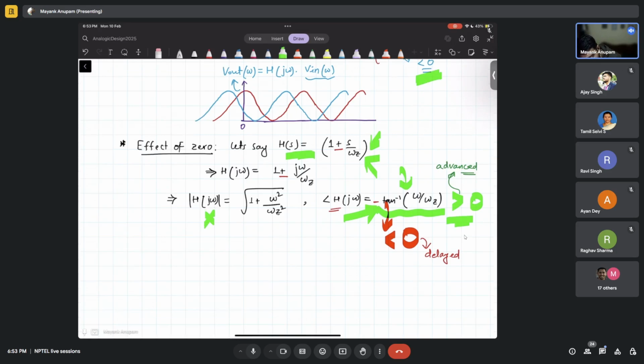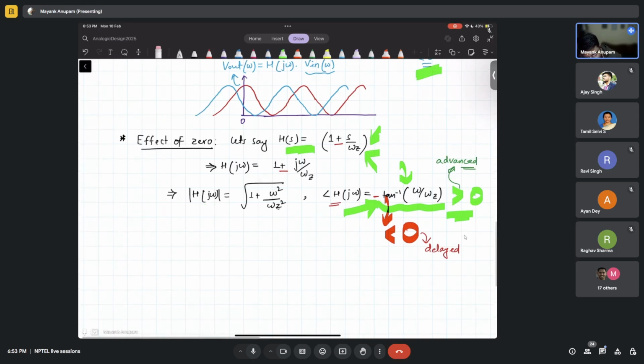So whenever we have a zero, whether it is in the left half plane or right half plane doesn't matter, it will always come with a pole. If we have a finite zero, it will always appear with a finite pole. Got it?